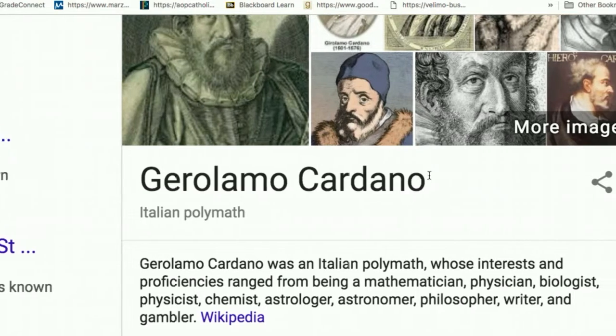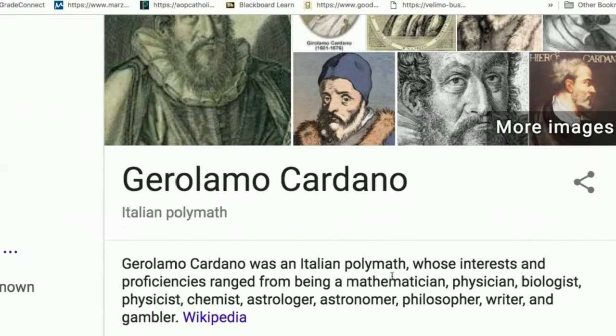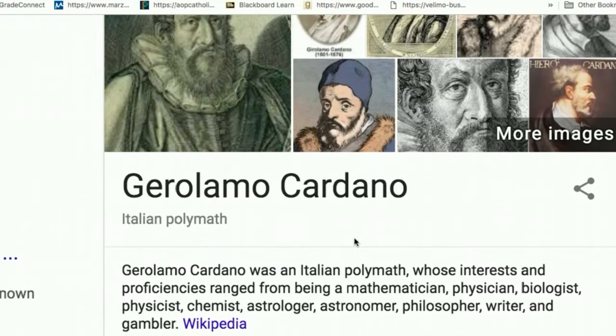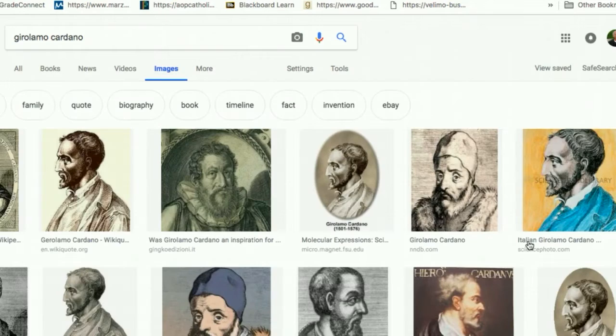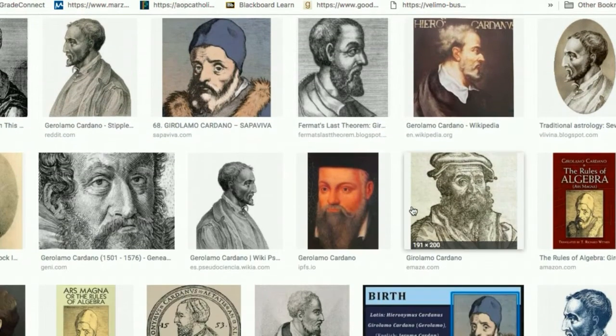This Italian polymath, might have to double check on how I said that, whose interests and proficiencies range from being a mathematician, physician, biologist, physicist, chemist, astrologer, astronomer, philosopher, writer, and gambler. And he kind of saved the day. Look at him in all of his glory. Wow, what a swell guy.